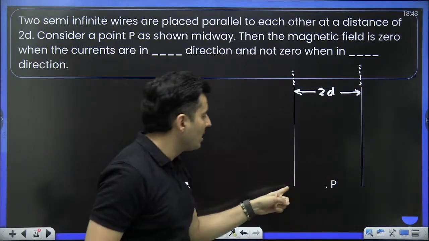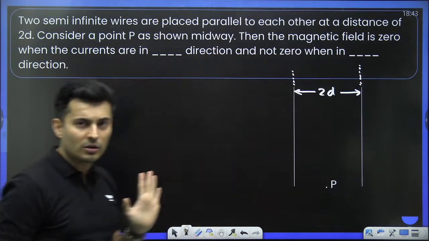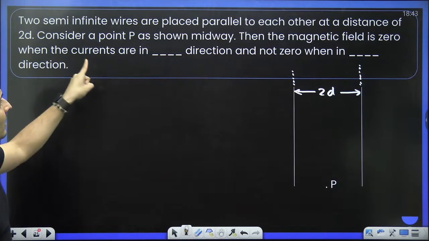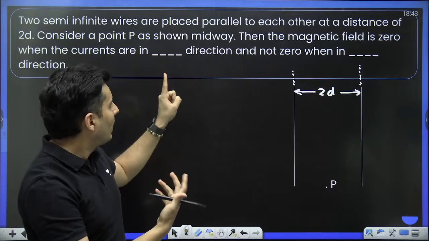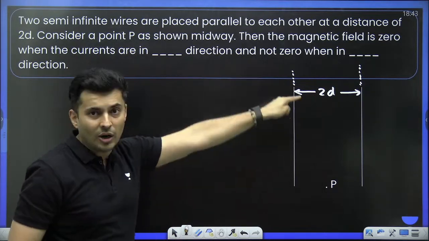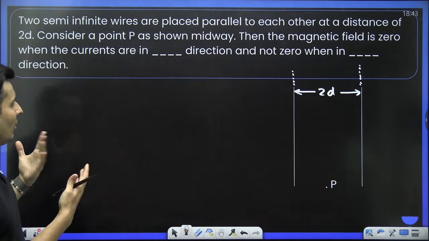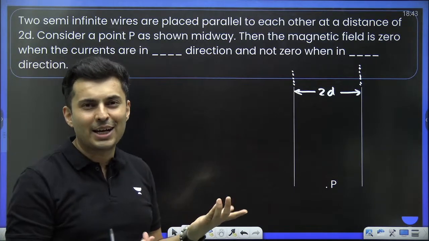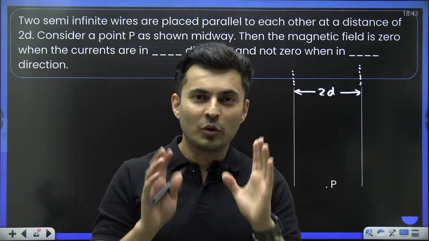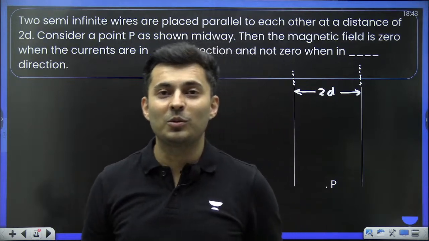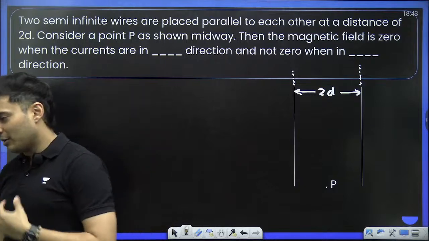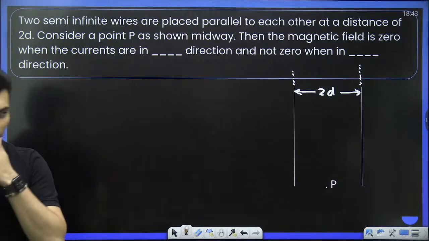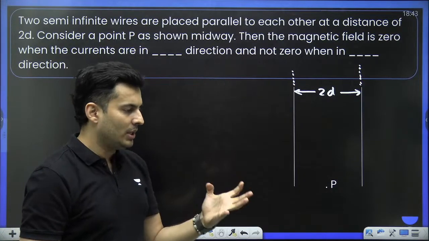So from here to here is D, and from here to here is also D. The magnetic field is 0 when the currents are parallel or anti-parallel, basically same direction or opposite direction. So you have to fill in the blanks. Remember, fill-in-the-blank questions are quite likely in the NEET examination, so there could be new patterns of questions as well. Think about it.